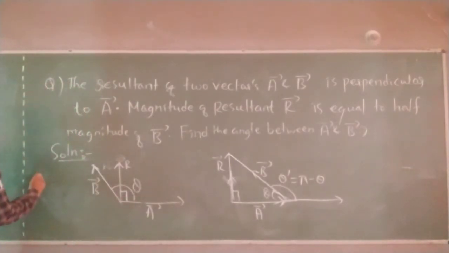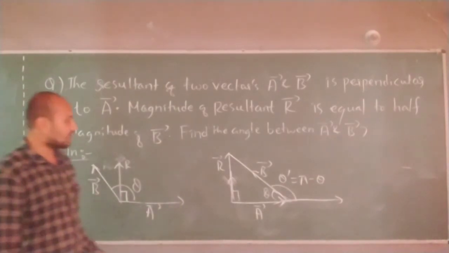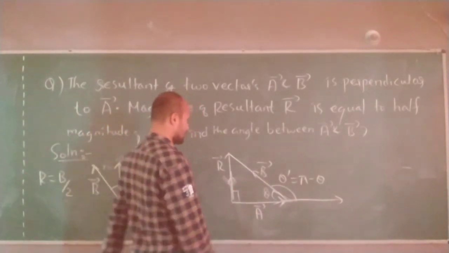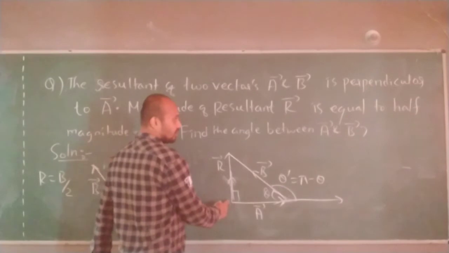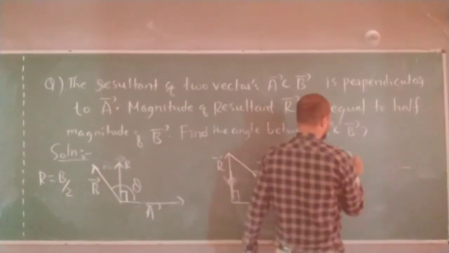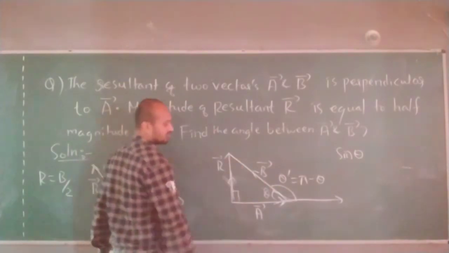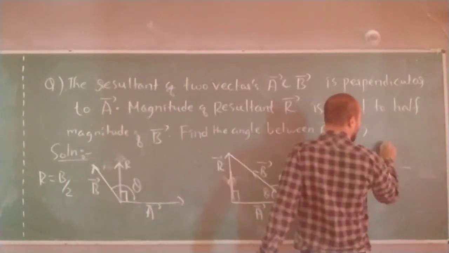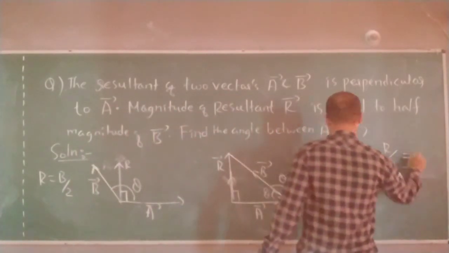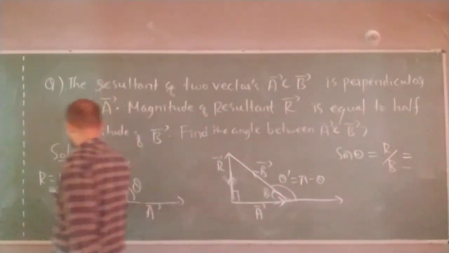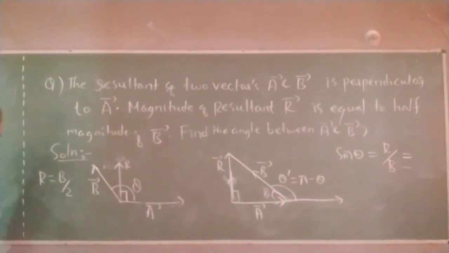I write here: vector R is equal to B by 2. So this is B, and this is the opposite side. From sin theta equals opposite by hypotenuse. What is opposite? R divided by B. This magnitude is B. What is R? B by 2.